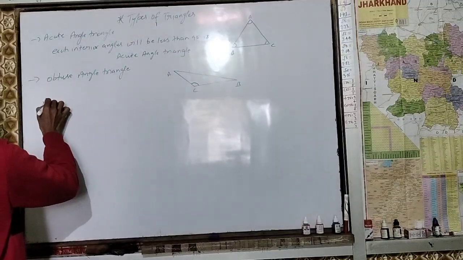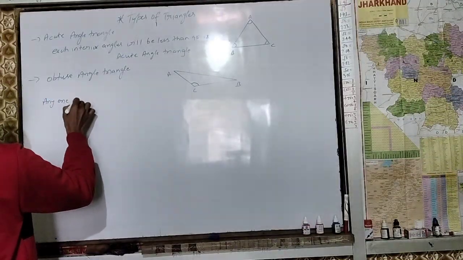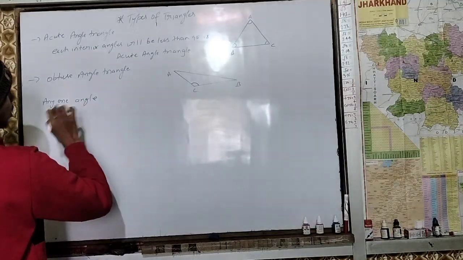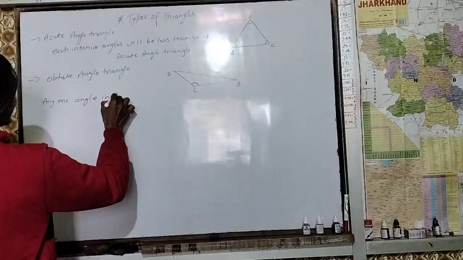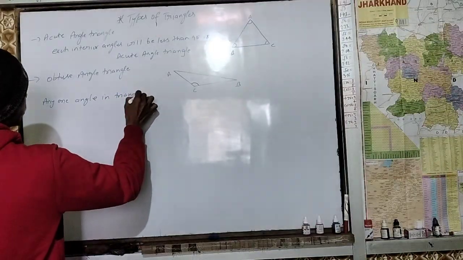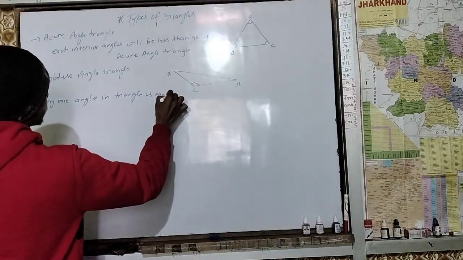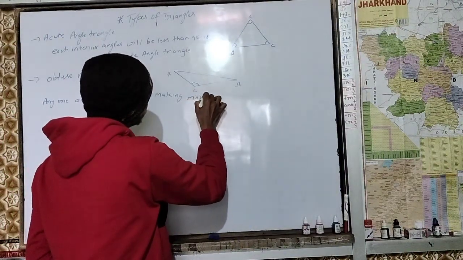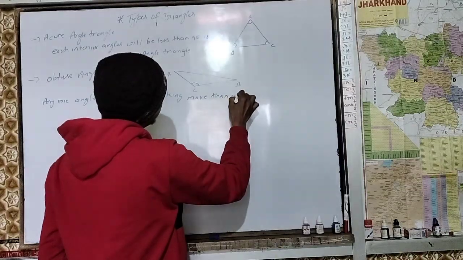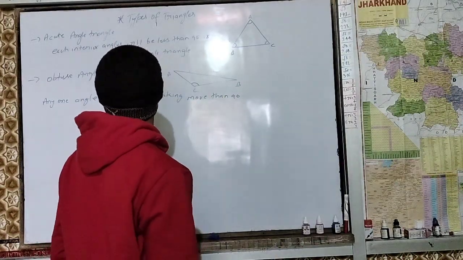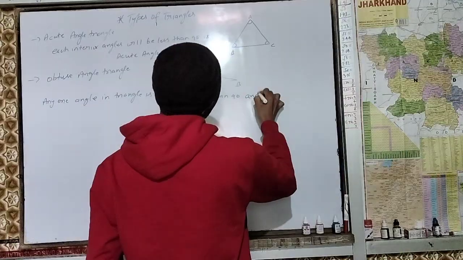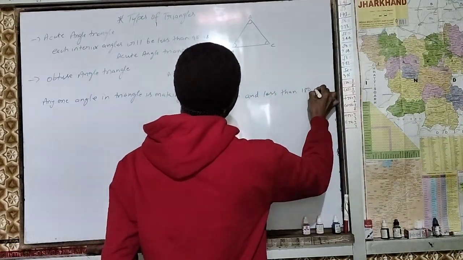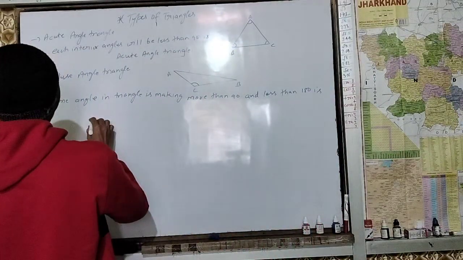Any one angle in a triangle that is making more than 90 degree and less than 180 degree is obtuse angle.